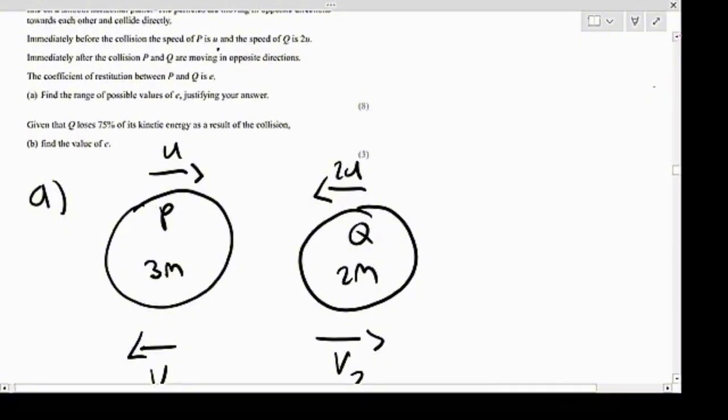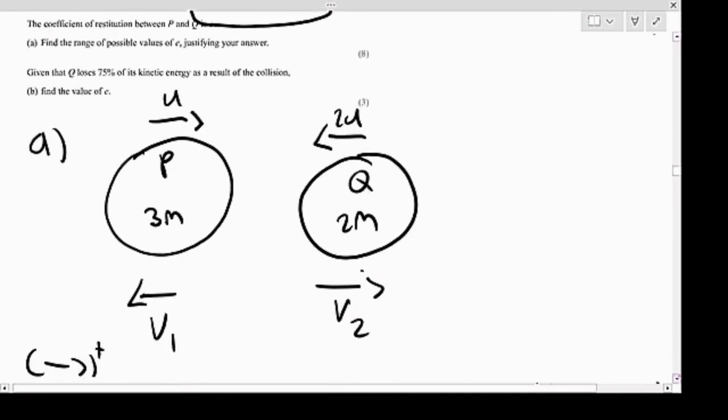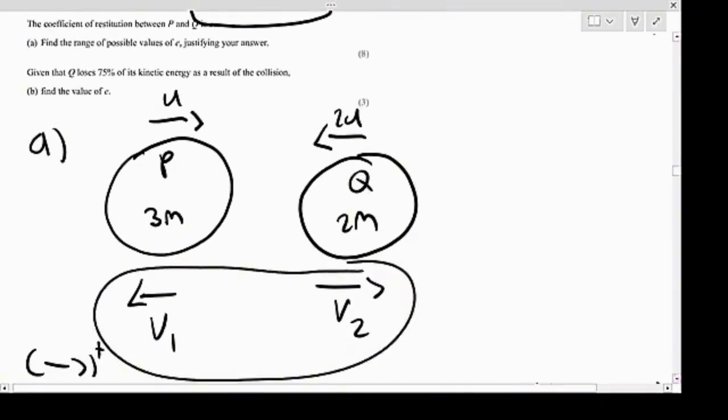Now, if we look at the question, we are told after the collision they are indeed moving in opposite directions, and so these directions have to be here. We're told explicitly that this is what the direction should look like, that they're moving away from each other.